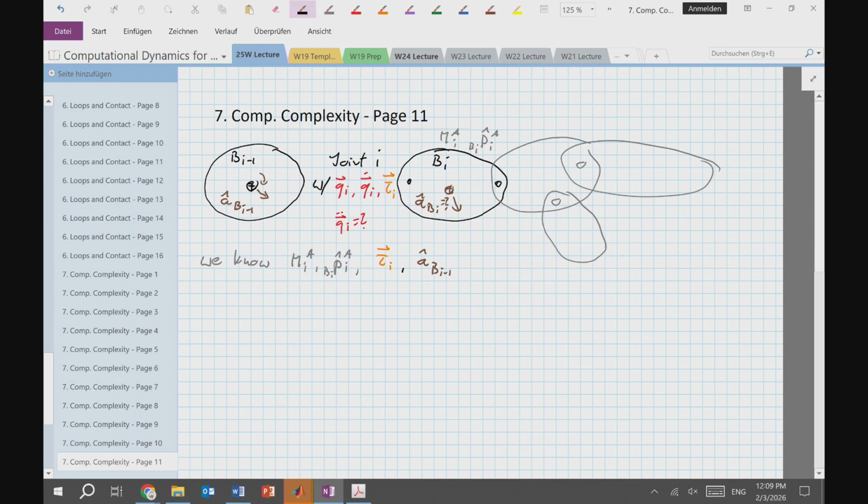There's one thing that we don't know, because there's a joint, and at that joint we have some constraint forces that I want to express here as if they are acting on the center of mass. And here's the corresponding reaction force, which is minus FC. And I express this here again as if it is acting on the center of mass now of body I minus 1. That is another big unknown in this process.